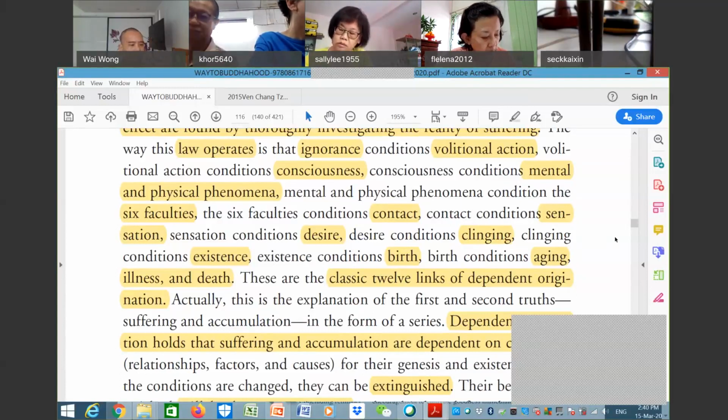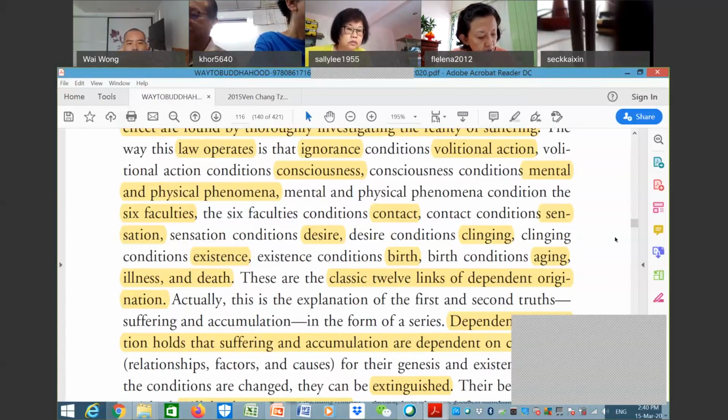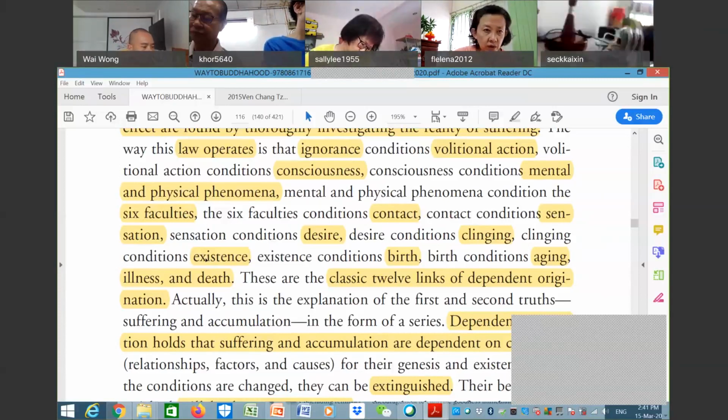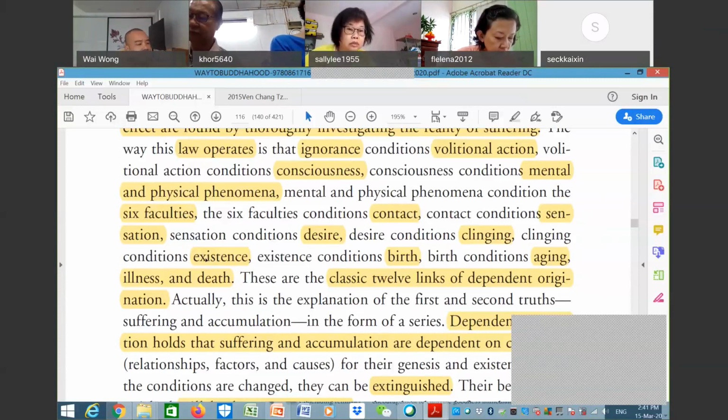Then contact, sensation, desire, clinging, birth, aging, illness, and death. I think you forgot existence, am I right? You omitted it. Existence. Please count, there should be 12, right? Okay. Please put up your hand once you have memorized it.